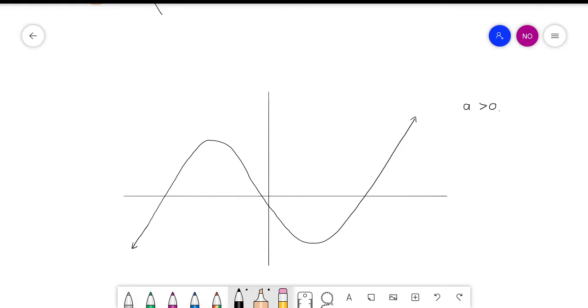Okay. How do I find this point on my graph? What is that? It's the y-intercept, so I set x equal to 0.